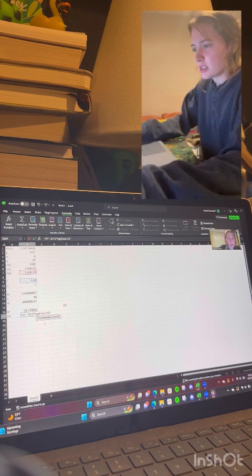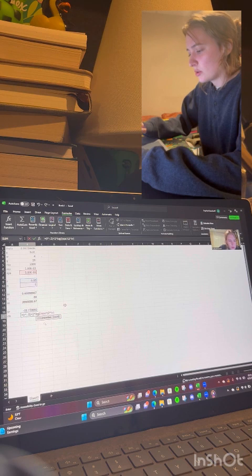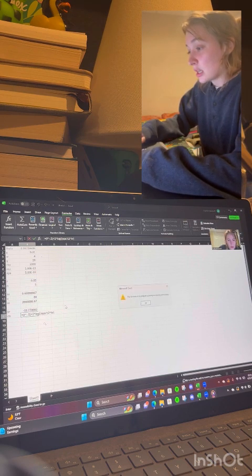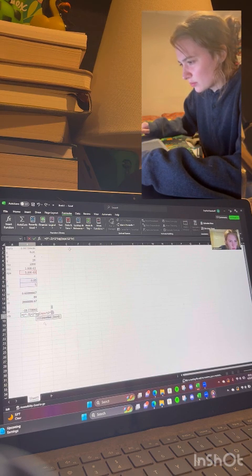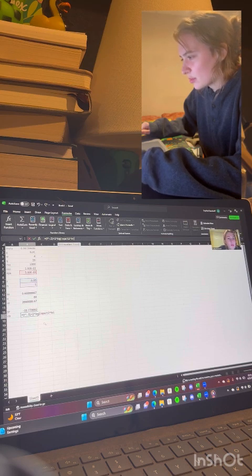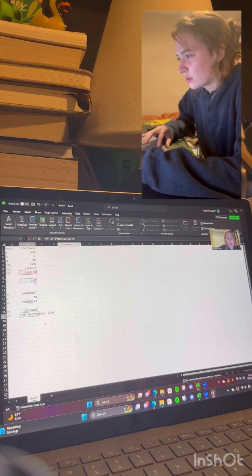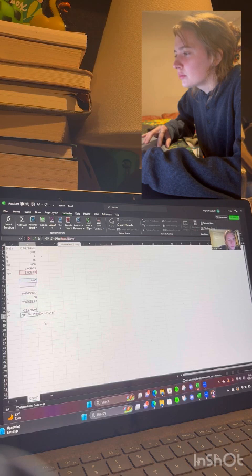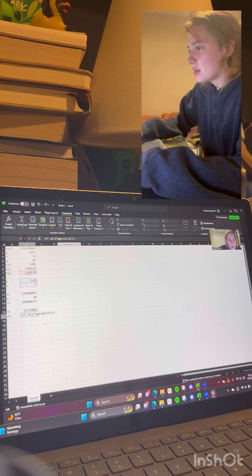Times EPS divided by 12 times HR. Oh, escape, escape. I want to add parentheses here.